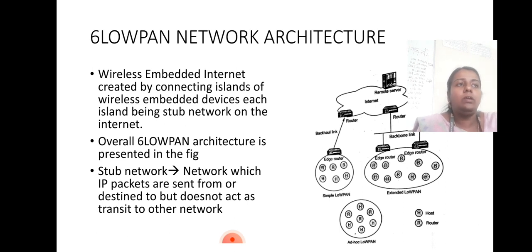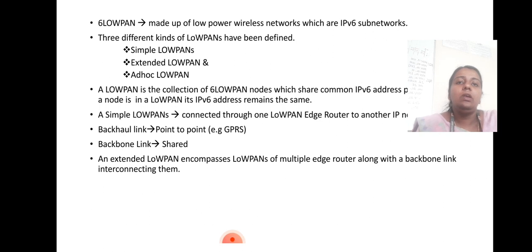Here we have a subnetwork, that is, a network in which IP packets are sent from and destined to, but which does not access or transit to other networks. So 6LoWPAN is made up of a low power wireless network with an IPv6 subnetwork. We have three different kinds of LoWPANs: simple LoWPAN, extended LoWPAN, and ad hoc LoWPAN.